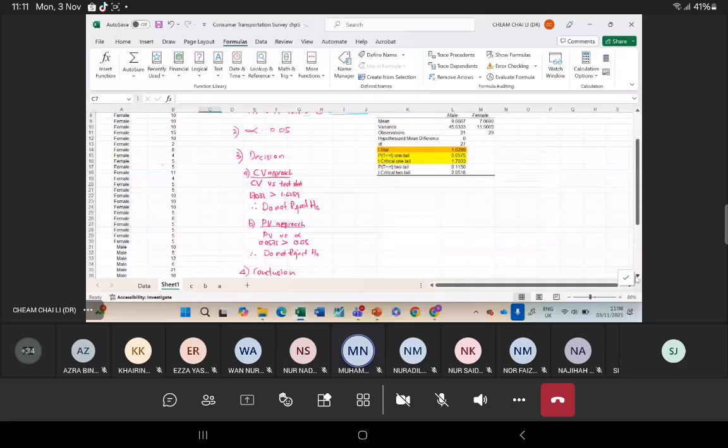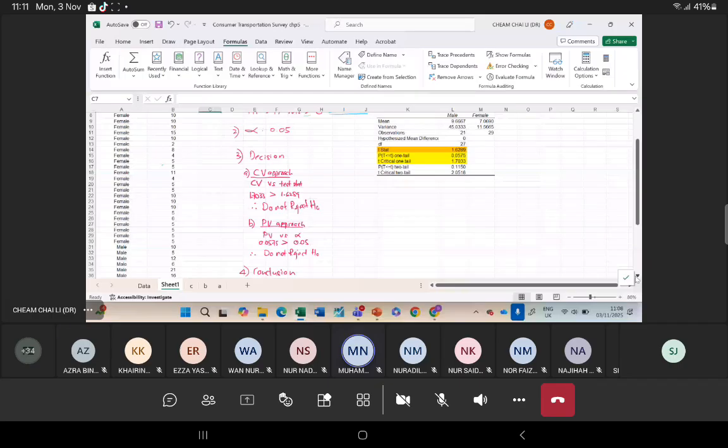Okay, class. Some of you might get different values from what we have over here. Probably this is because when we copy the data from the source, if you copy one by one. This is according to my previous experience with my previous semester students.